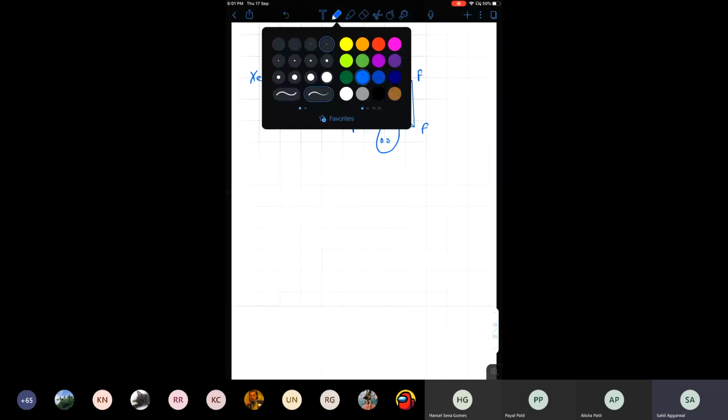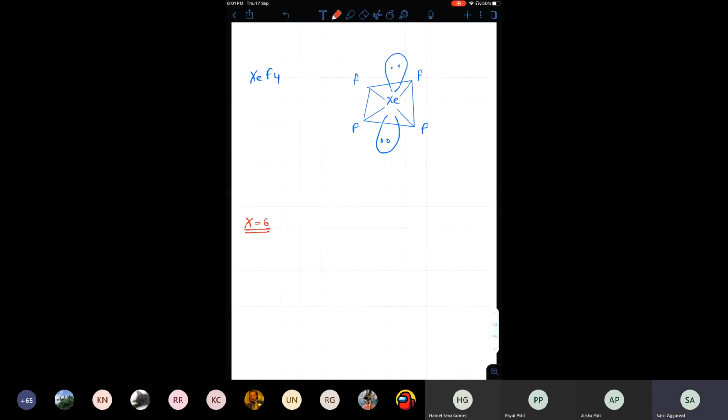For x equal to 6, we have to remember one specific example, which is XeF6, which if you calculate it will come out to be 7. But you have to make the structure like this.